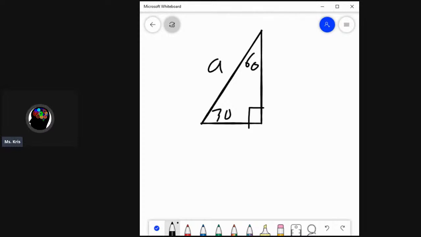So you have the longer leg, you have the hypotenuse, which is 2 times a. And let me switch those around right quick. And if you notice, the shorter leg corresponds with the smallest angle, and the longer leg corresponds with the biggest angle.